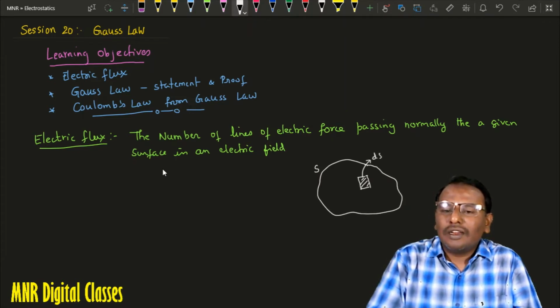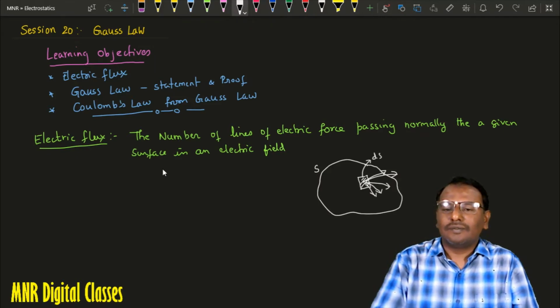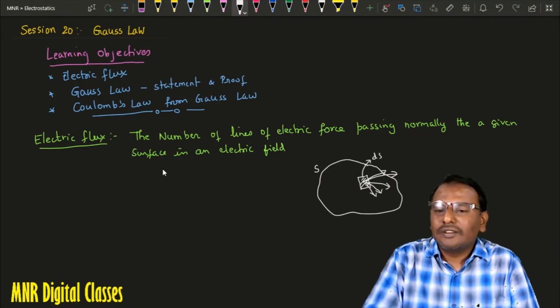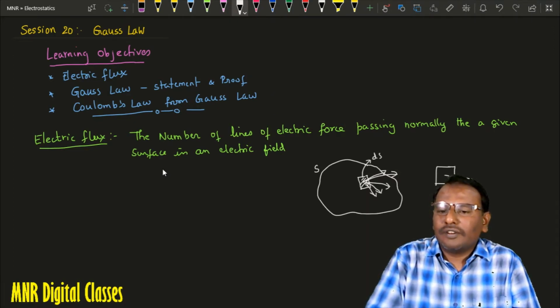Now the electric lines of force emerging from this surface, let us mark this. Now let us enlarge this. Draw the normal to this surface. Let the electric field vector be E bar at this point.